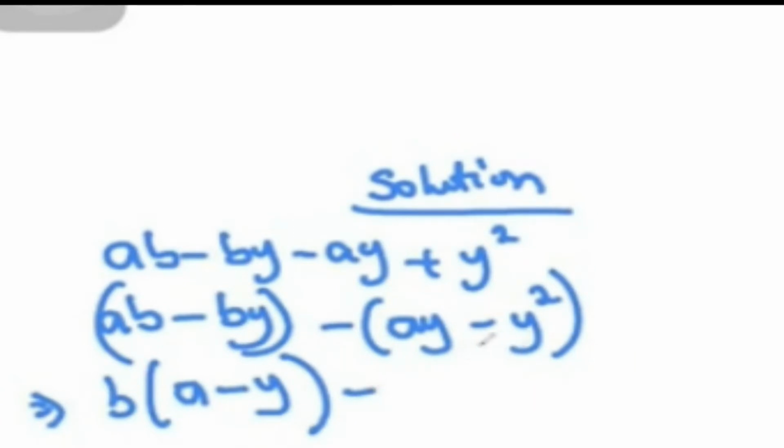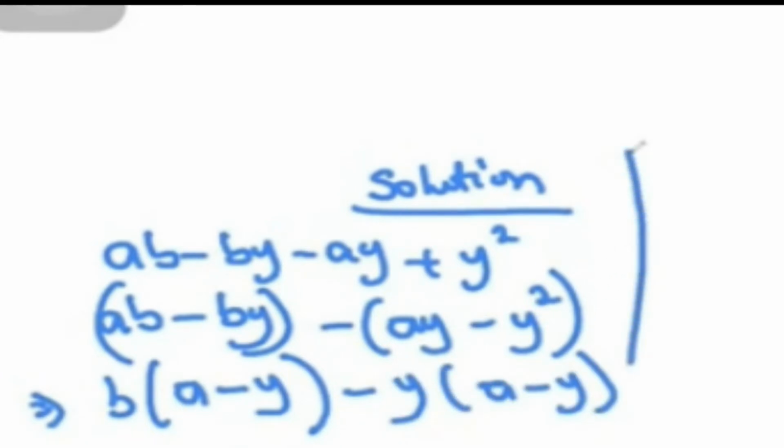What is the common factor over here? y. Perfect. So the moment you get everything here to be the same, you now take those outside and group them, and one of those inside the bracket. So this will give us b minus y in bracket, that is those outside the bracket.